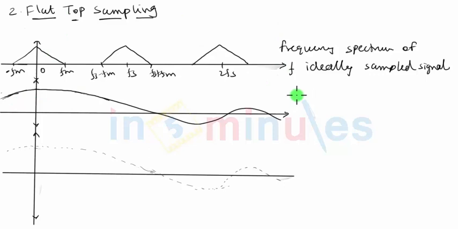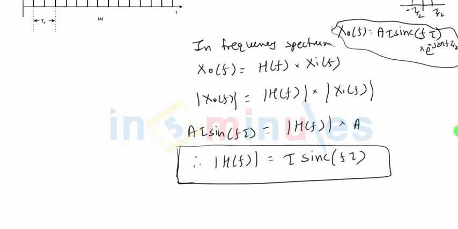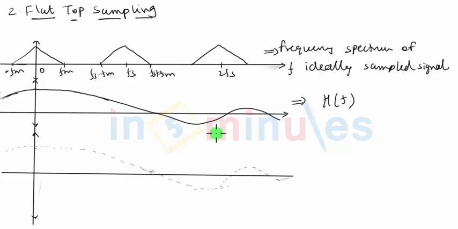The second thing which I have drawn is nothing but the frequency spectrum of the system which we have considered, H(f), and you can see the magnitude spectrum comes out to be of the nature of a sinc function in this case. So this is the frequency spectrum of the system. Now this is my sinc signal. As you can see, there is a main lobe and then there are side lobes.